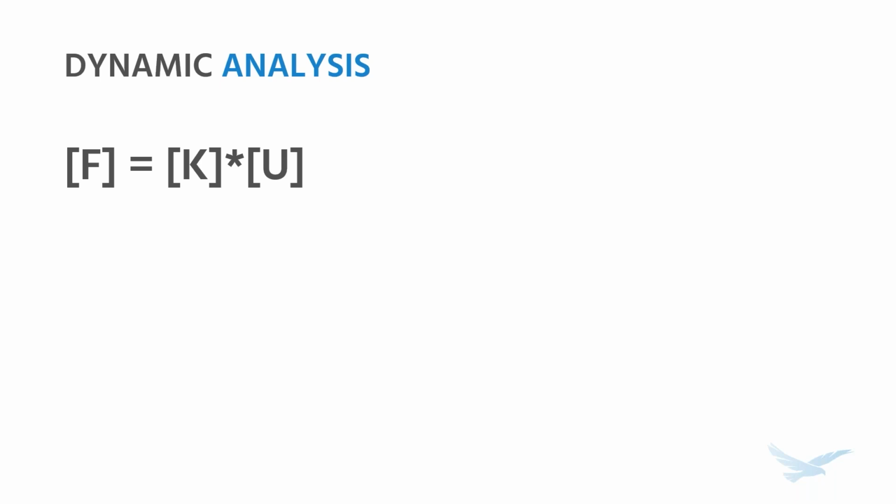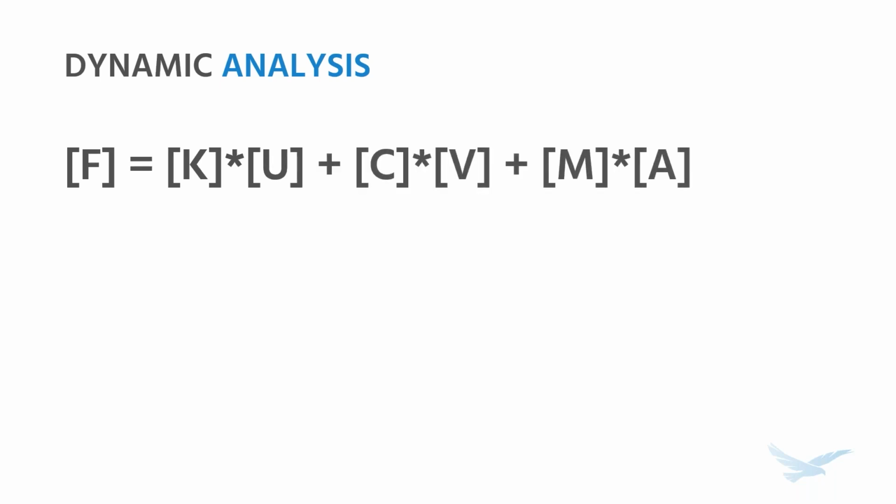It would be really nice if we could just add a term to one side of the equation to make it balance. And in a dynamic analysis, there are additional terms. There's a velocity term and an acceleration term. And these can help to make that equation a balanced one.